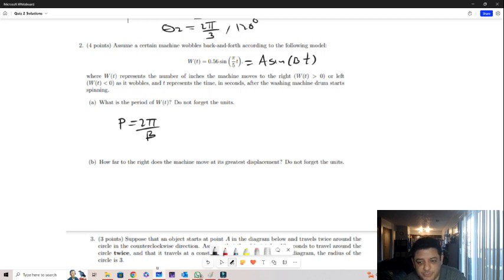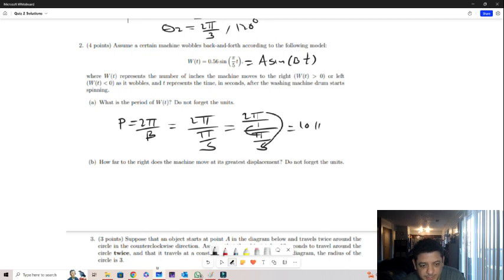So that means that this is 2 pi over pi over 5, and if I put a 1 here and cross multiply, top with top, bottom with bottom, I get 10 pi over pi, and this is going to be 10. And of course, this is t in seconds, since the units are seconds.